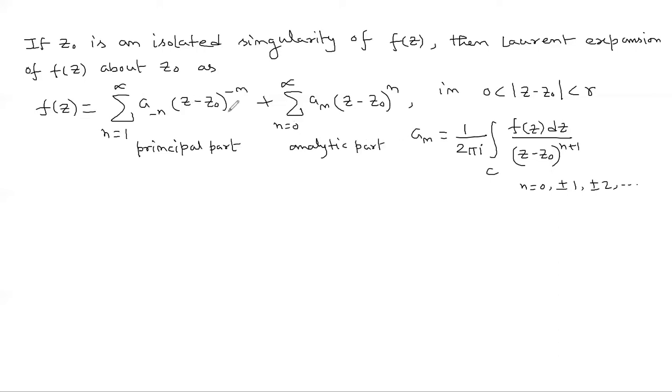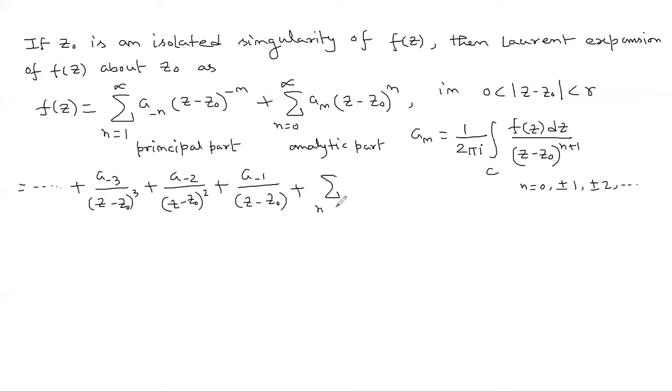Now, if we explicitly write the principal part, then it is a minus 3 upon (z minus z0) power 3 plus a minus 2 upon (z minus z0) power 2 plus a minus 1 by (z minus z0), plus the analytic part, summation n equal to 0 to infinity a n (z minus z0) power n.